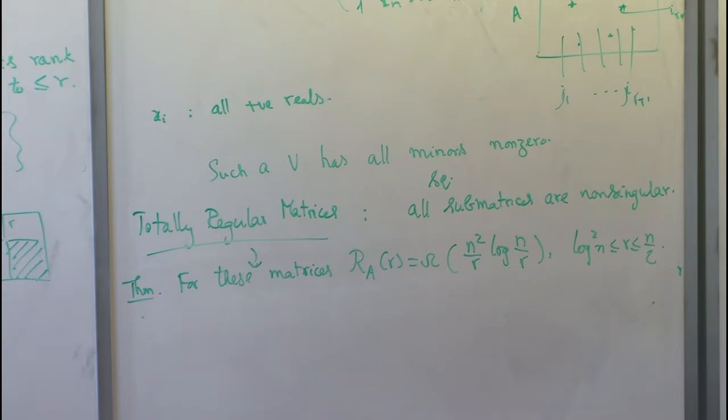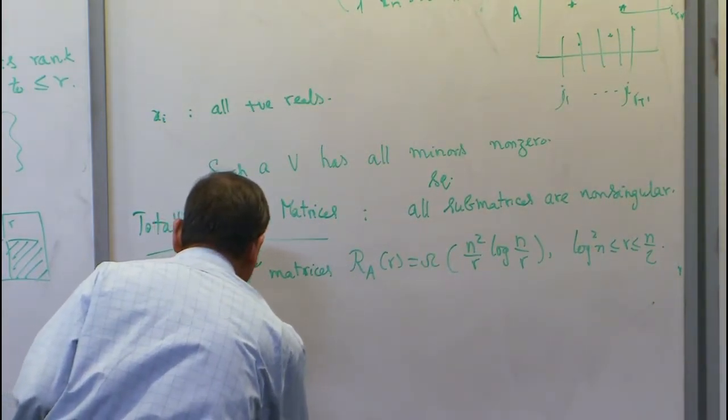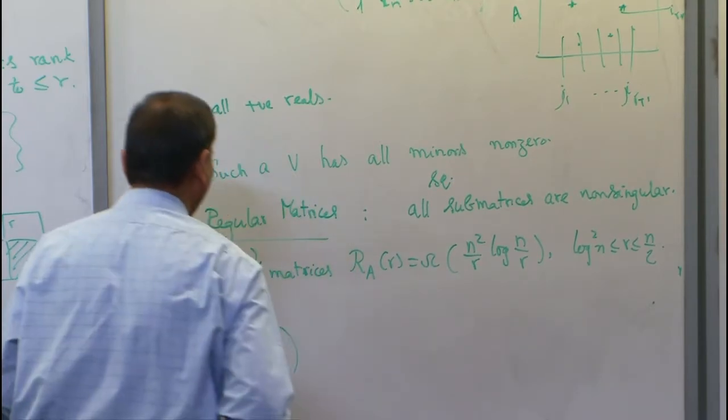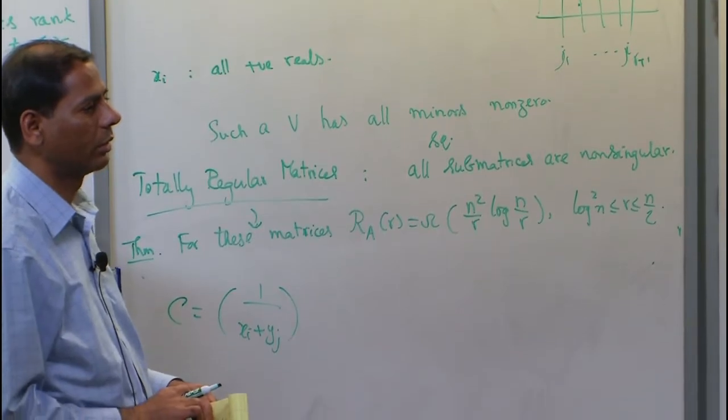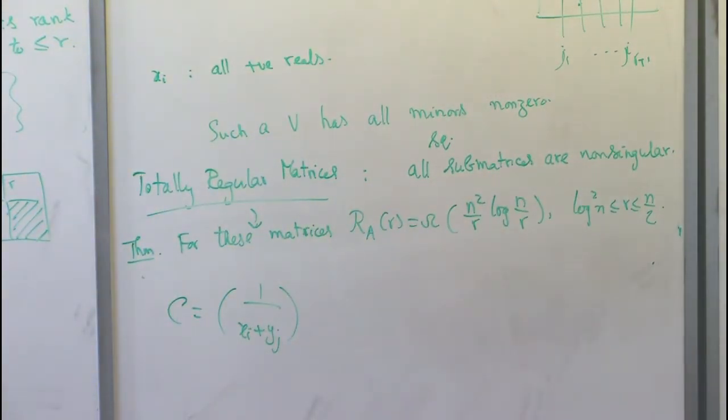For example, the Cauchy matrix, whose entries are 1 over x_i plus y_j. Why do you require r to be less than n over 2? Oh, I'm just estimating n times n over r. I have something like n times n over r, and I'm going to say that's n squared over some 2.